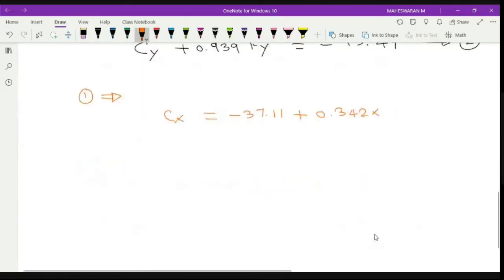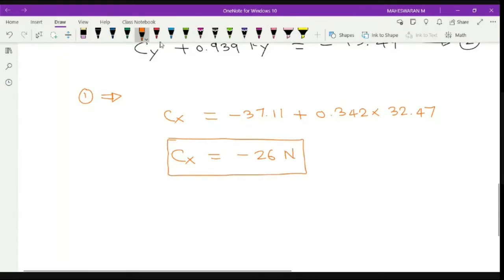So Fy is 32.47. So minus 26 Newton. Which means the direction you assumed is a wrong direction. It should be in the other direction. Okay, very good. So this is over.